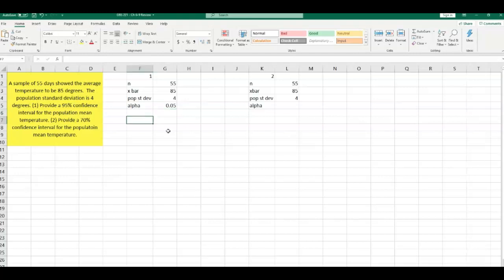Now, when working on a problem like this, we don't just want alpha. We're going to want alpha divided by 2. So we can take the 0.05, divide it by 2, and we see that our alpha divided by 2 is 0.025.